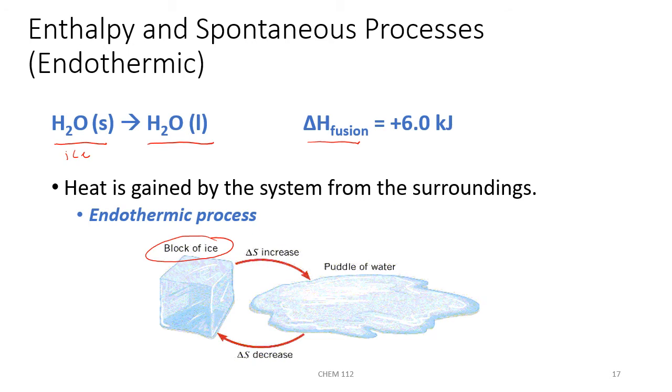It'll absorb that heat and it will change into liquid water. So for this to occur, it has to absorb energy, not release energy. So this means that our ice is actually at a more stable state than our water is. So we need to learn what is going to account for this spontaneous endothermic process to occur.